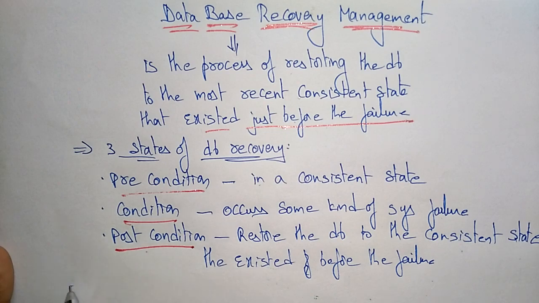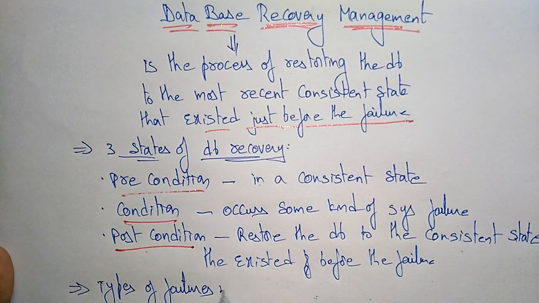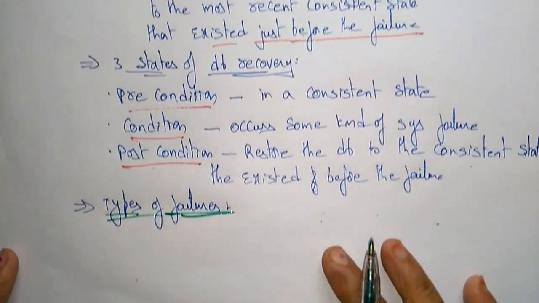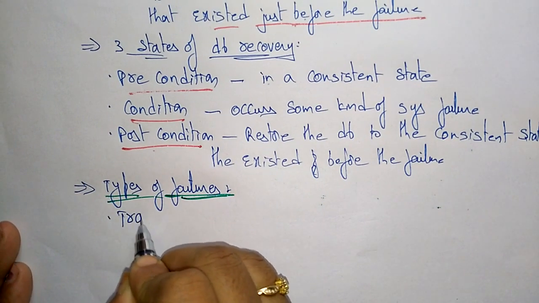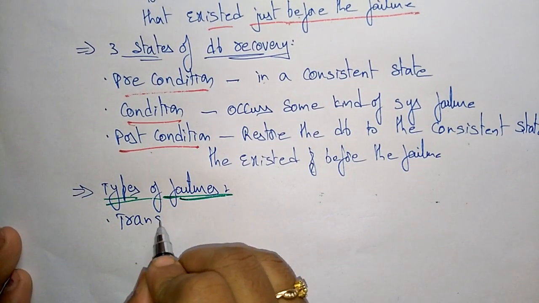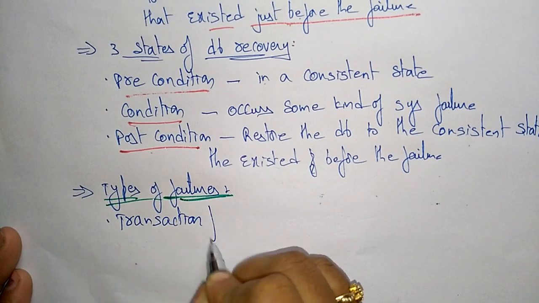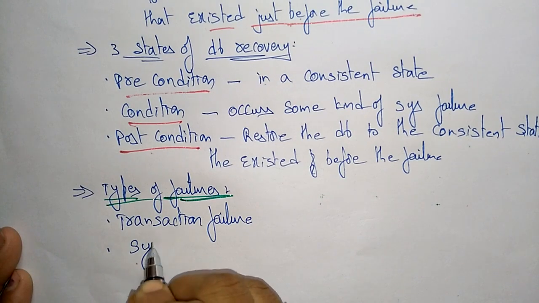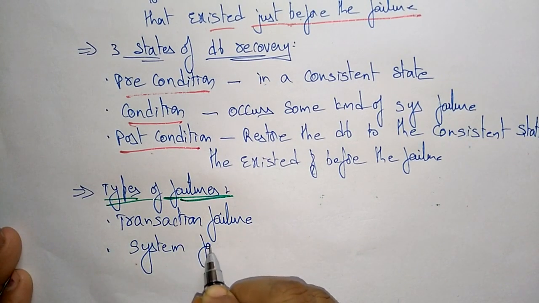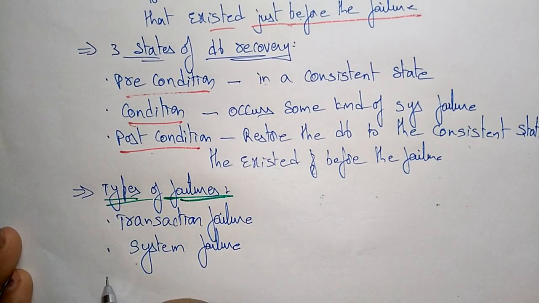Now coming to the different types of failures. What are the different types of failures that occur in a database? The types of failures are transaction failure, system failure, or media failure.